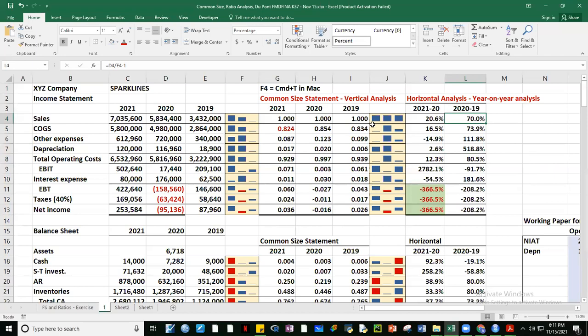While for 2021-2020, the increase in total operating cost was only 12.3%. And it was less than the increase in sales, which was good. Okay. All right. So this is how we look at the common size statement or the vertical analysis.